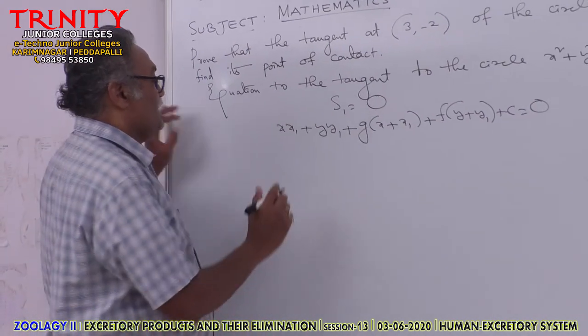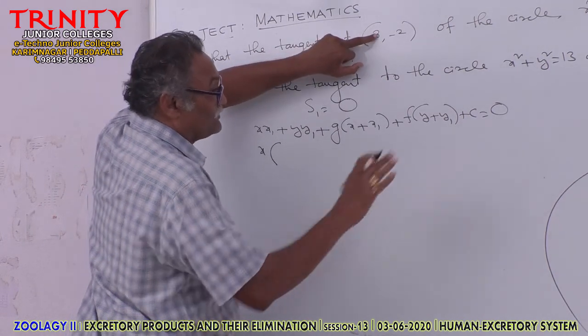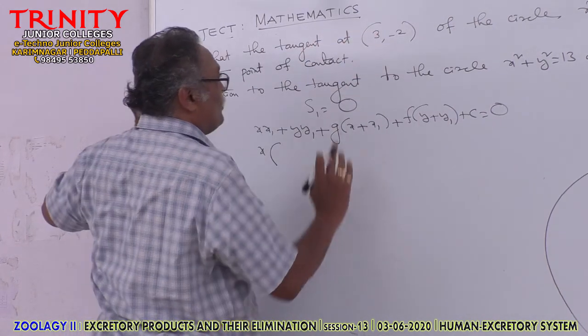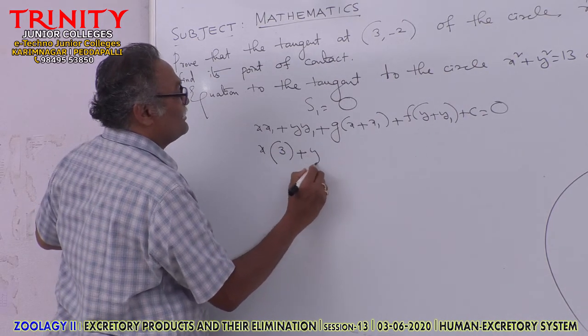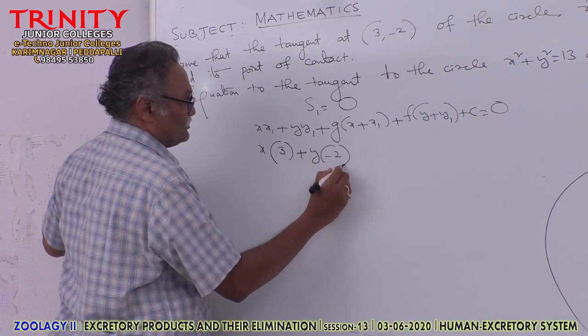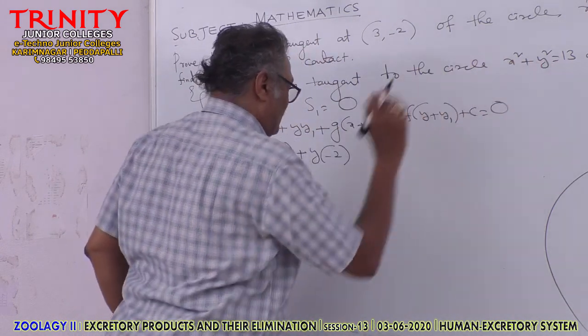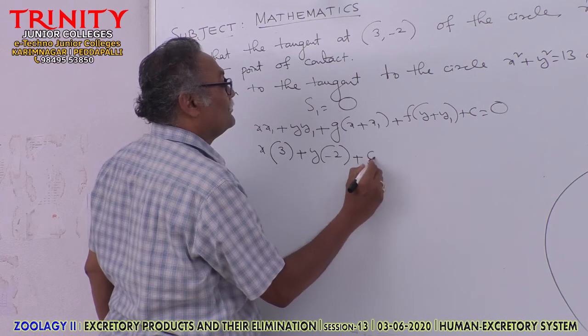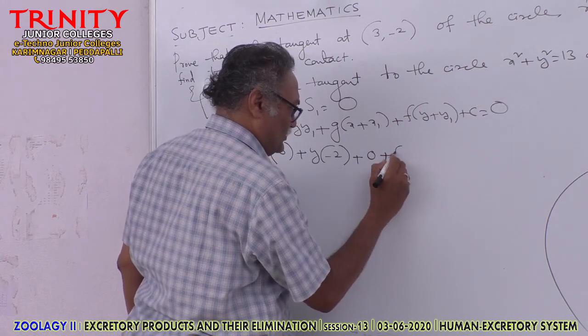Here, take x1, y1 at the point 3 comma minus 2: x into 3 plus y into minus 2. Here the value of g is 0 in this equation, 0 plus the value of f is also 0.